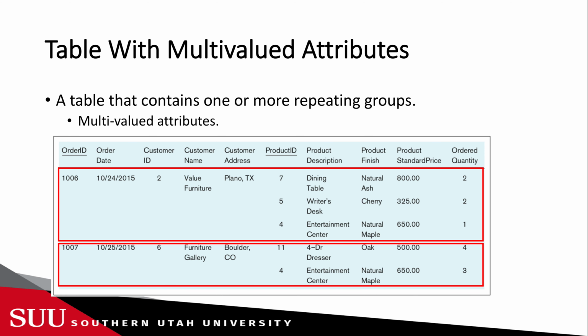Now, is this in any normal form as we discussed? The answer is no. It's not even in the first normal form, because in the first normal form we need to identify the candidate key or the primary key, which is done in this case. We have order ID and product ID, but then we need to get rid of all multi-valued attributes. But we still have multi-valued attributes in this specific example.